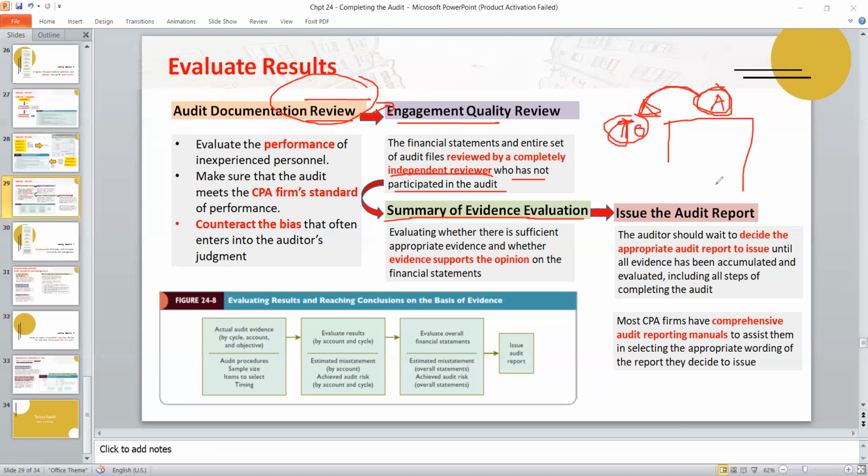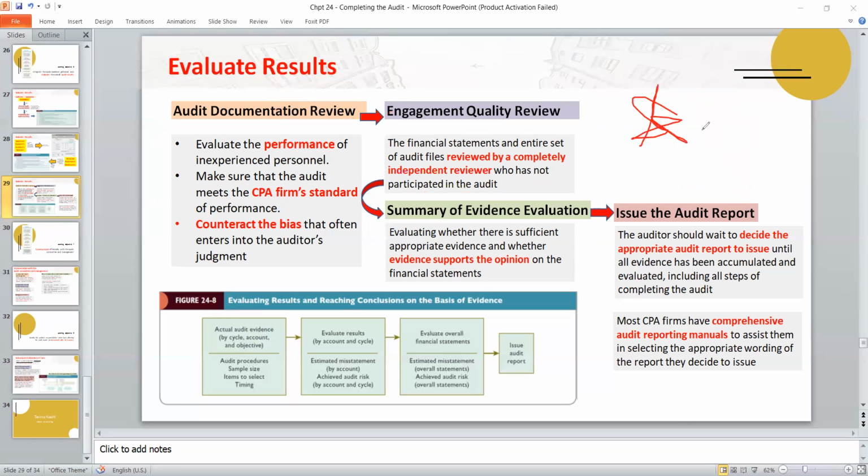You need to make a summary of the evidence evaluation. Of course, this summary will be used by the partner. Once again, the one who can sign the audit opinion is the partner. And as you know, the partner does not directly participate in the audit field work, so they don't know exactly the situation at the company.